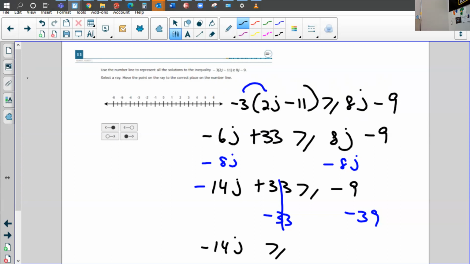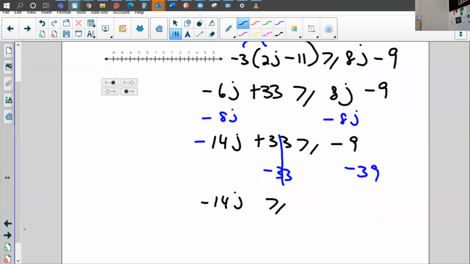Somehow I think I'm making a mistake. I'm tired, and this is driving me crazy. Minus 33 on both sides, that's going to give me 2 9s 18, carry 1.